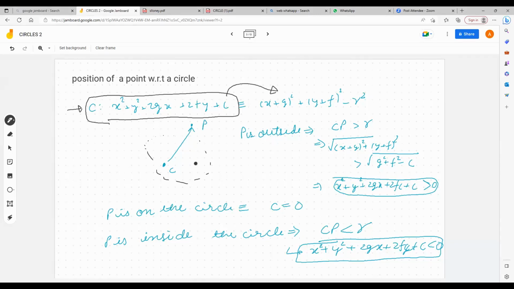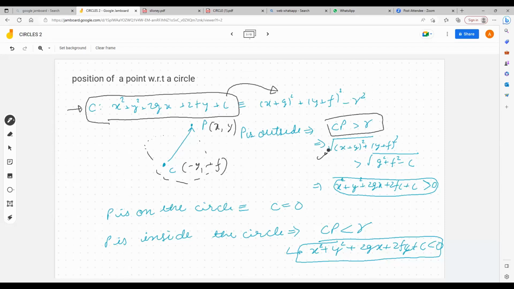And if it is greater than r, then what can we write? For example, let the point P be (x, y), and C is (minus g, minus f). We know that. So what is CP? It is the square root of (x plus g) whole square plus (y plus f) whole square. And what is r? It is the square root of g square plus f square minus c. And the condition we need is CP greater than r.